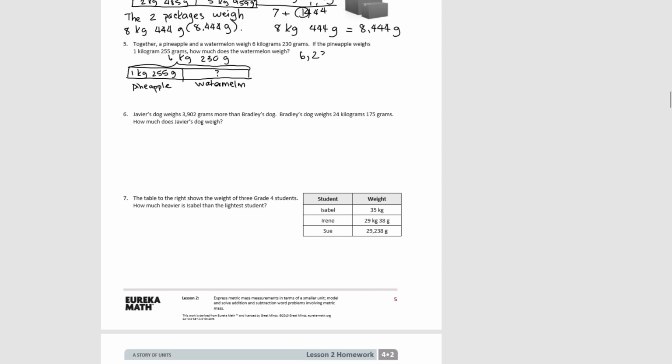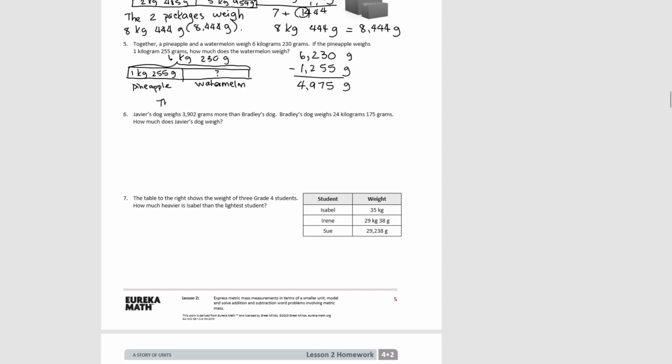So the total would be 6,230 grams, a total of both fruits. The pineapple weighs 1,255 grams. So if we subtract, we get 4,975 grams.